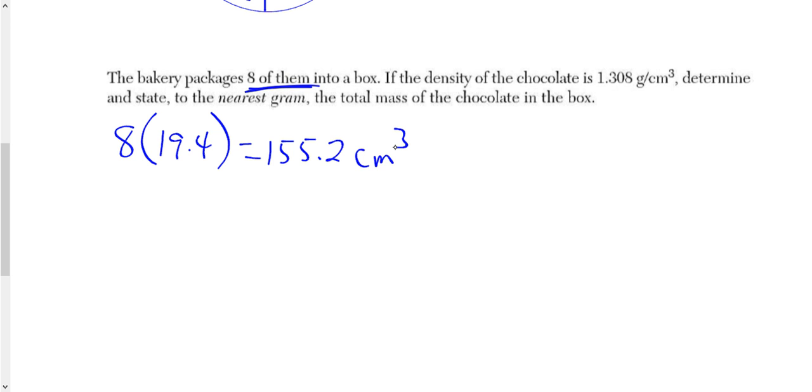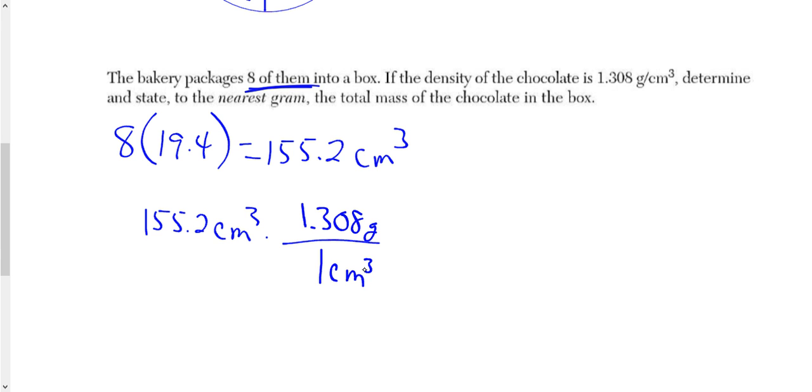And now we're going to do our unit conversion, right? We need to convert cubic centimeters to grams. We have a ratio here, don't we? 155.2 cubic centimeters times what over what? 1.308 grams over 1 cubic centimeter, right?